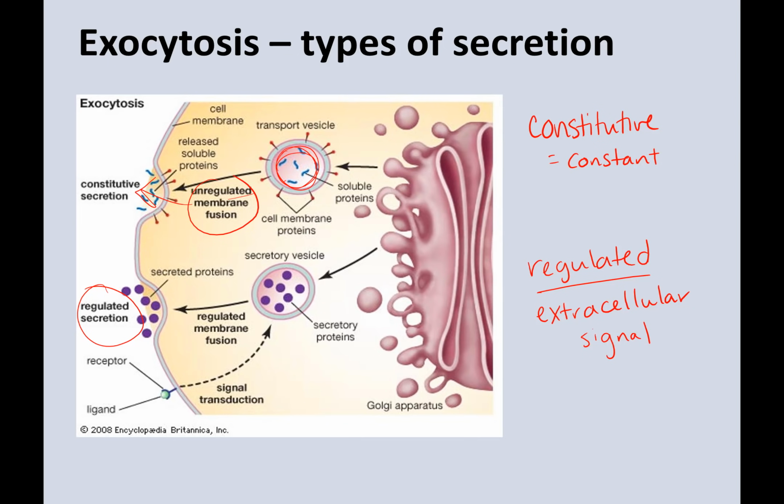And we don't really talk about signal transduction until the last section of this class, which is shown right here. But you can imagine regulated means something outside of the cell is signaling the cell to go ahead and release the contents. So that's regulated.